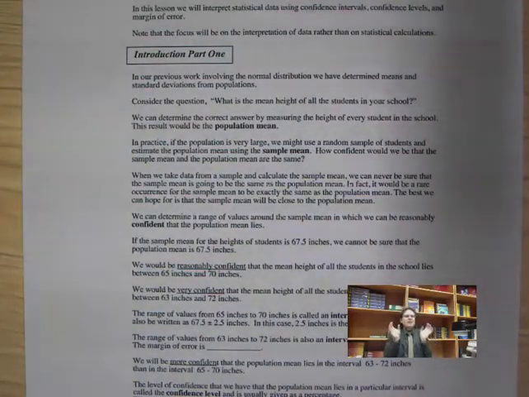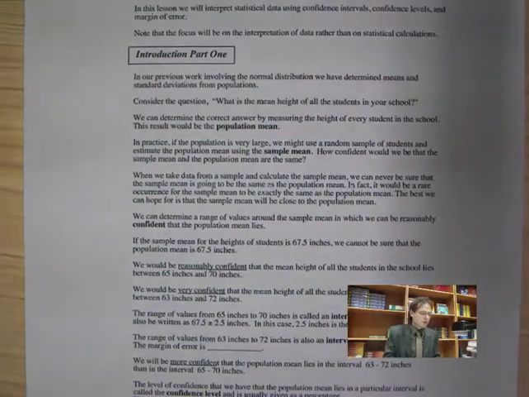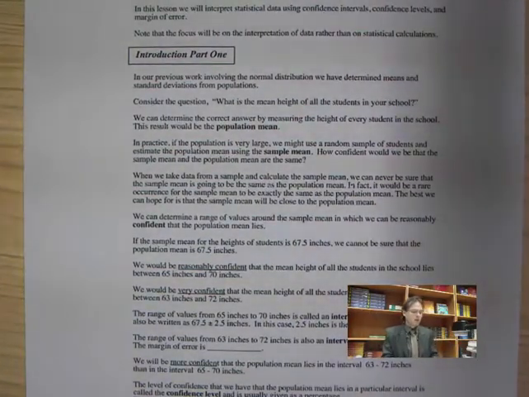I would say even 5% above and below, 65 to 75, I'm going to be very confident on that because I have a huge sample of the population. Whereas if I'm only using 50 students compared to 250, well then I better broaden my interval. I better broaden my confidence interval.